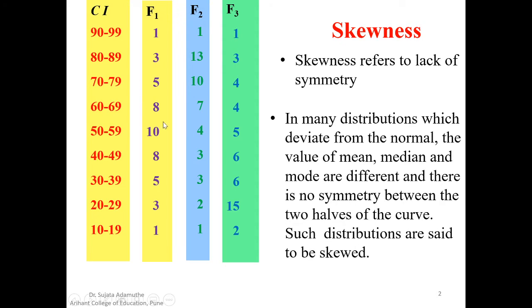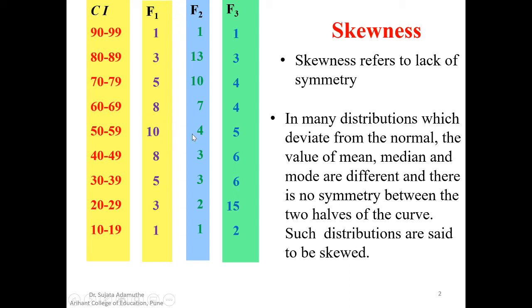Then here we read that in many distributions which deviate from the normal, the values of mean, median, mode are different and there is no symmetry between the two halves of the curve. Such distributions are said to be skewed. Obviously, when there is symmetry on both sides, the values of the mean, median, mode are the same.